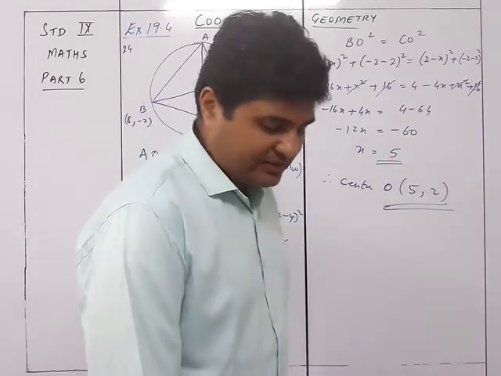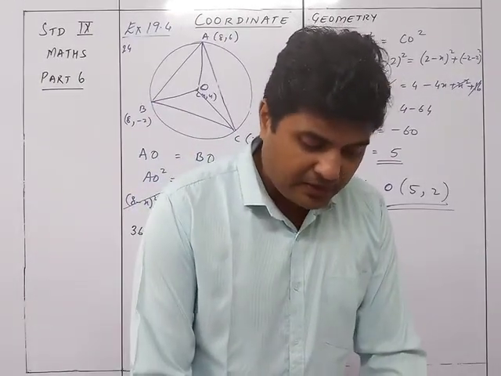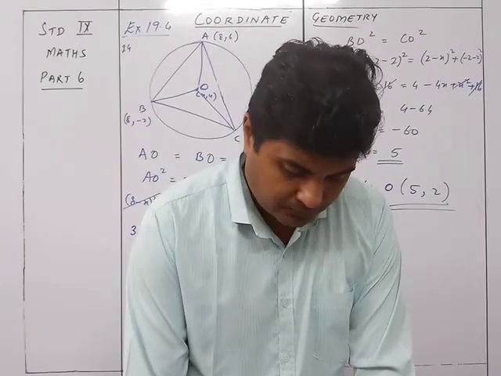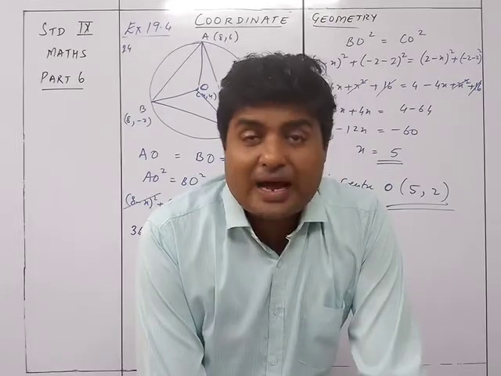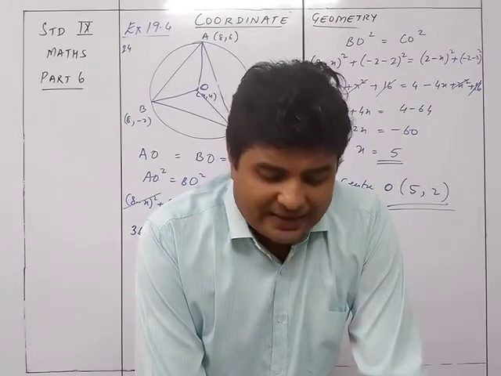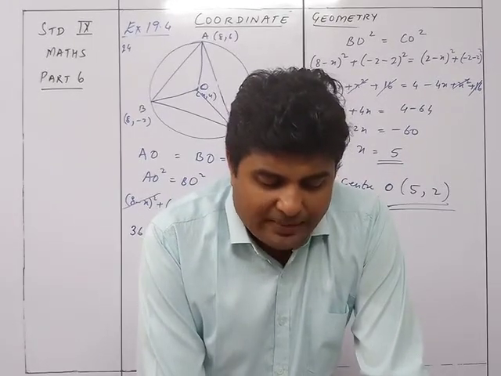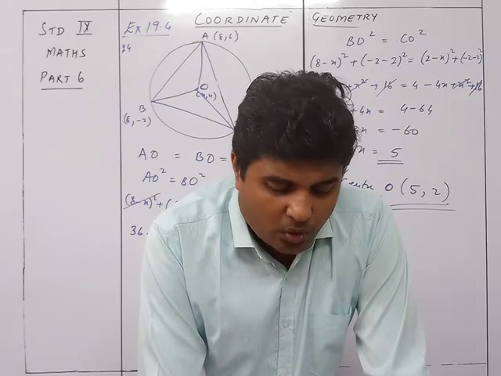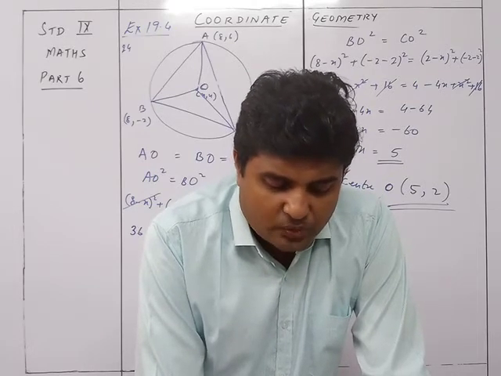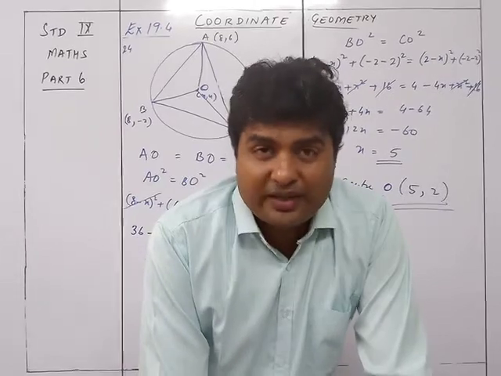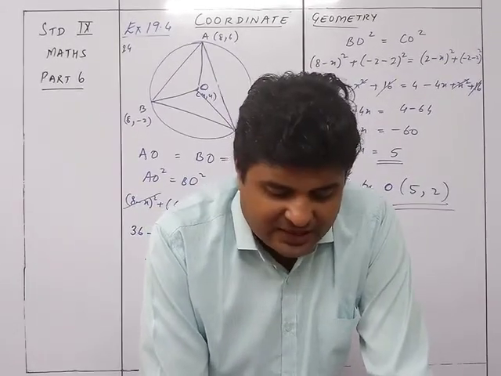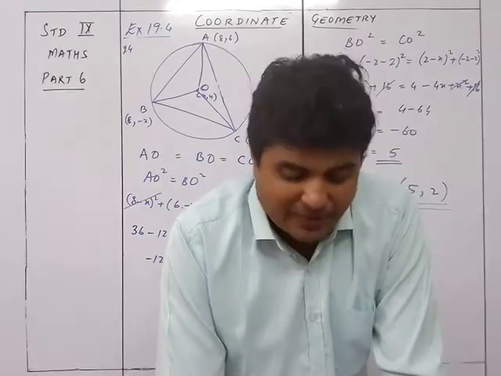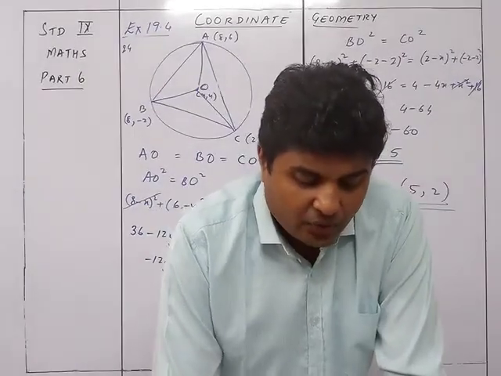A similar sum is there in Example 19, where you get two simultaneous equations: x minus 3y equals 9 and 3x plus y equals 7. Solving them, you get x as 3 and y as minus 2. So this is how you are going to find this.